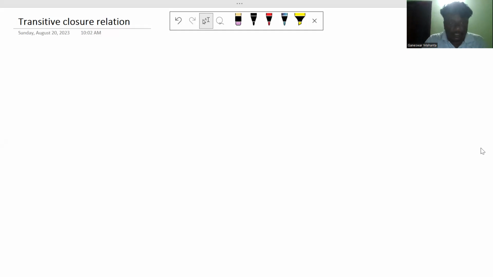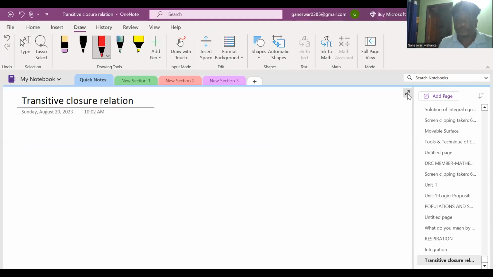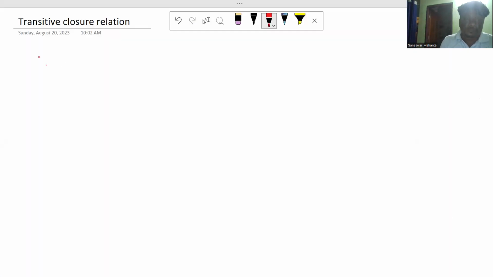So today, especially, we'll discuss the transitive closure relation. First of all, we discuss here the transitive closure relation.